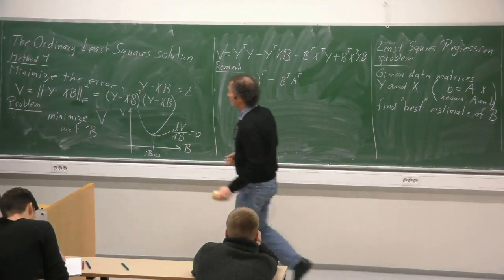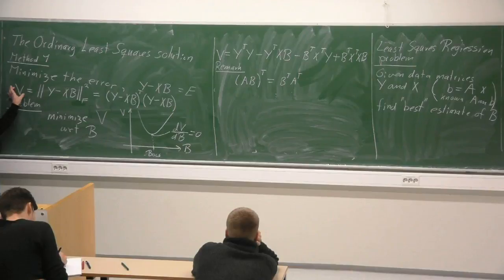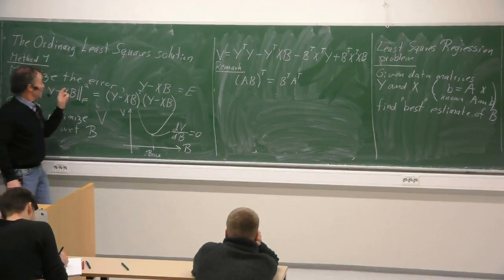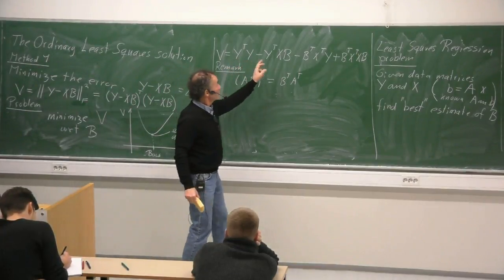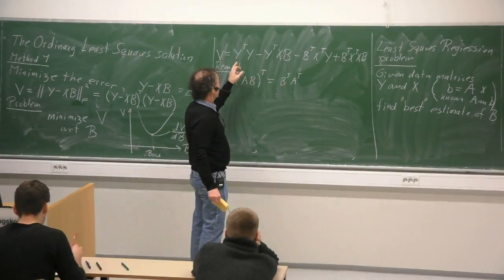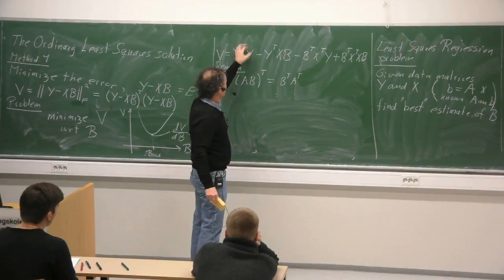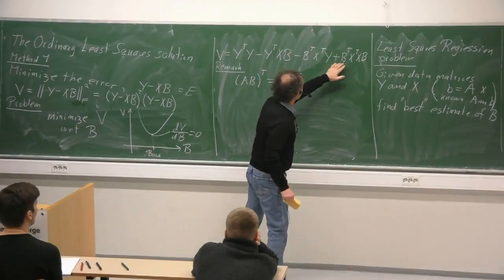Remember also, the resulting value V is a scalar. And if this is a scalar, then all those four expressions would be scalars. So Y transpose times Y is a scalar, this is a scalar, and this one.